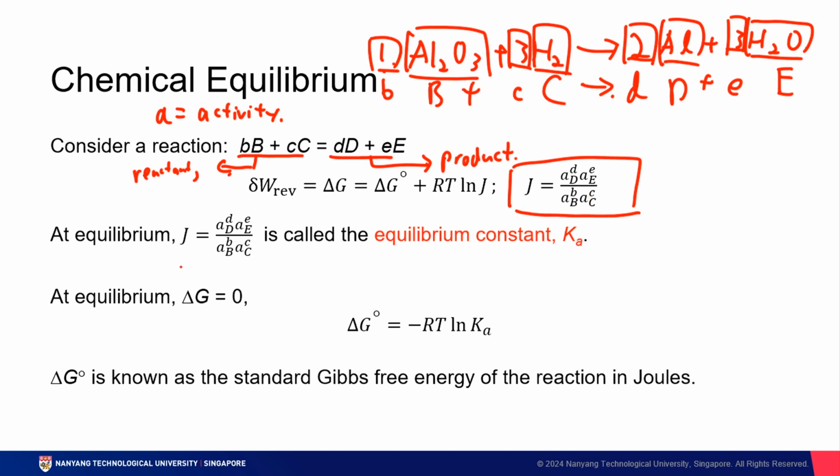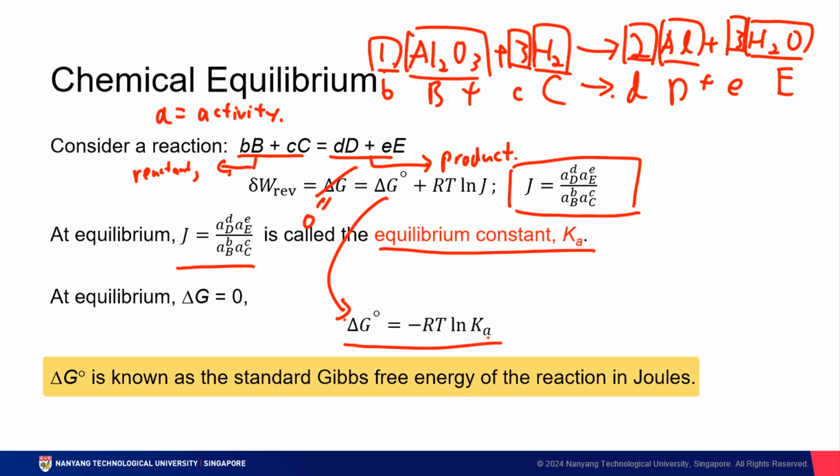At equilibrium, this J is also known as the equilibrium constant. Also at equilibrium, we know that delta G is equal to 0, and we can rewrite that expression as this. So this is called the standard Gibbs free energy of the reaction, and it's given in the unit joules.